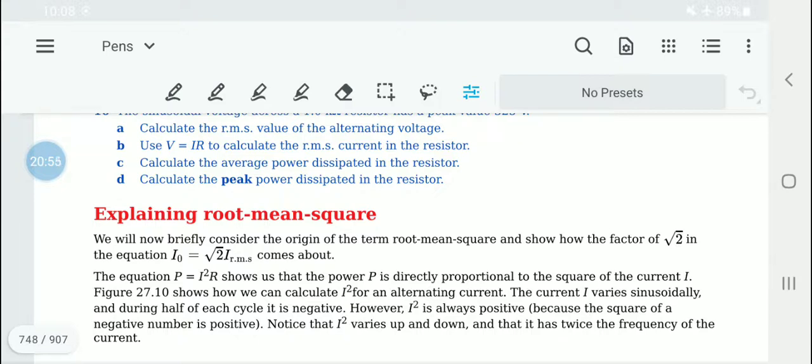Leave a line and write. The equation P equals I squared R explains that power is directly proportional to the square of the current. When taking a current that varies sinusoidally, we will observe that I squared is always positive.